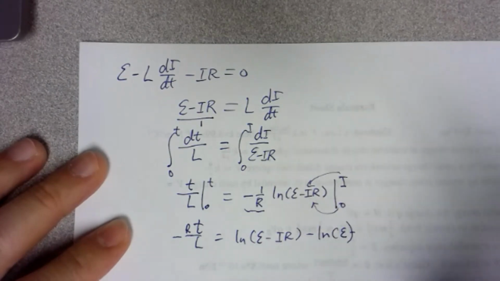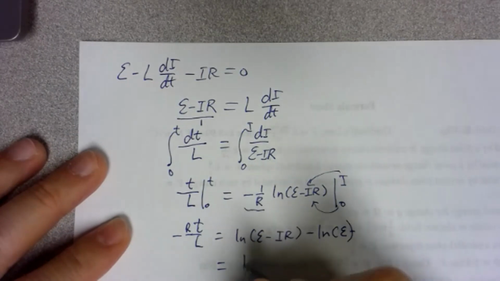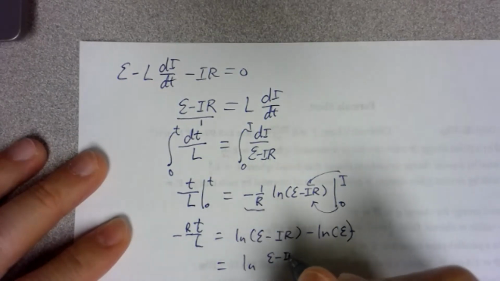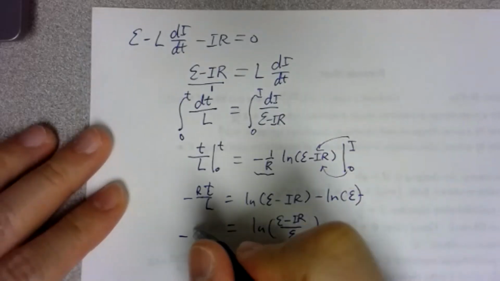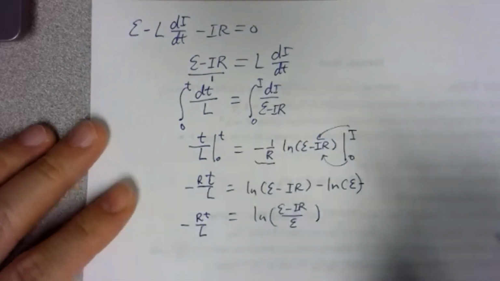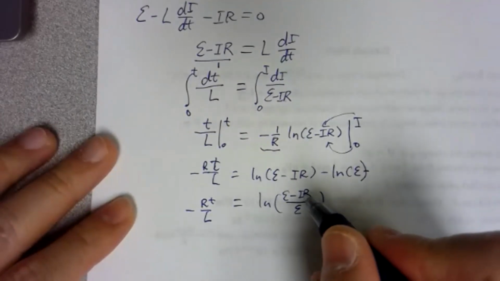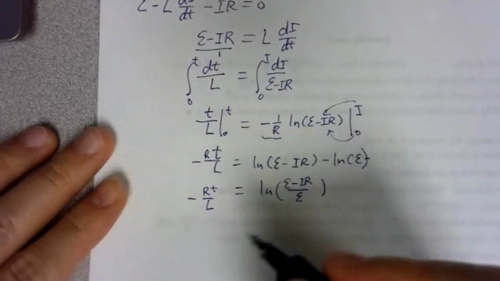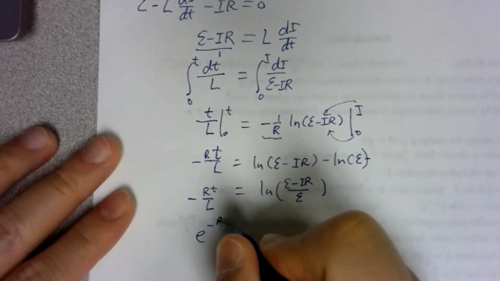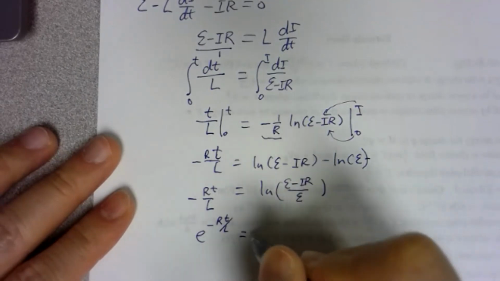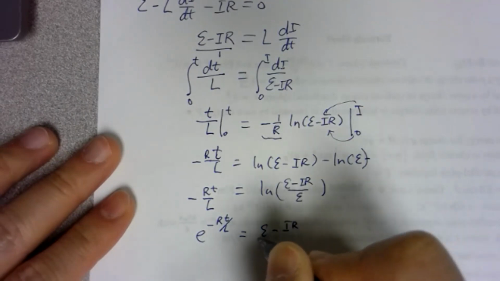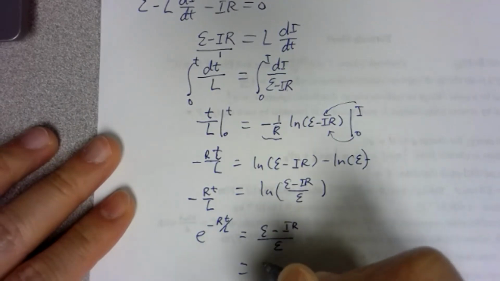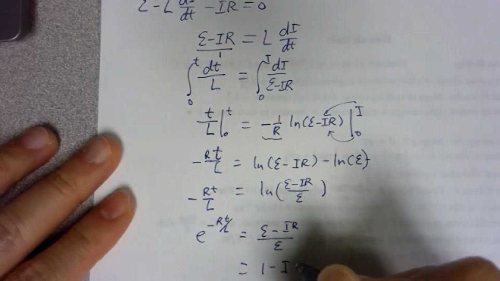So the right-hand side becomes this, and the left-hand side is minus Rt over L. Now you need to solve for I, so take the exponential on both sides. So e to the minus Rt over L equals epsilon minus IR over epsilon. So this becomes 1 minus I times R over epsilon.